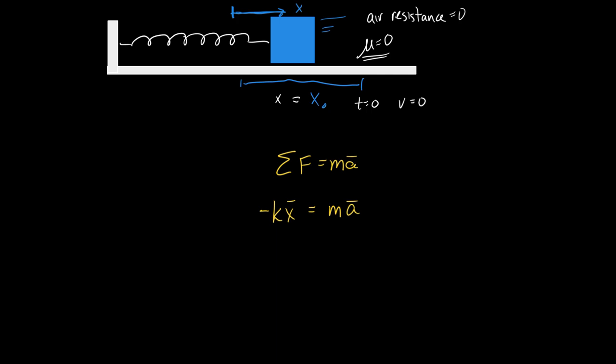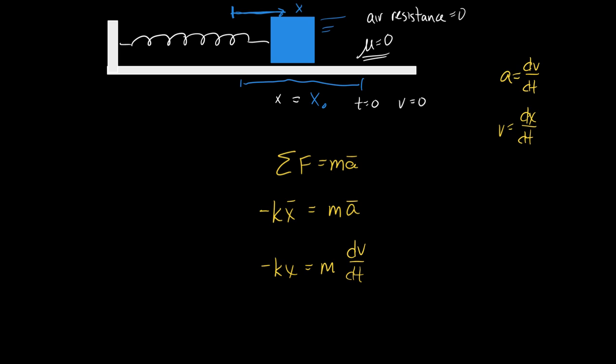A brief reminder, acceleration is already a derivative, and velocity is already a derivative. So the next step that you would have done if you're trying to create a differential equation is to substitute dv dt for a.